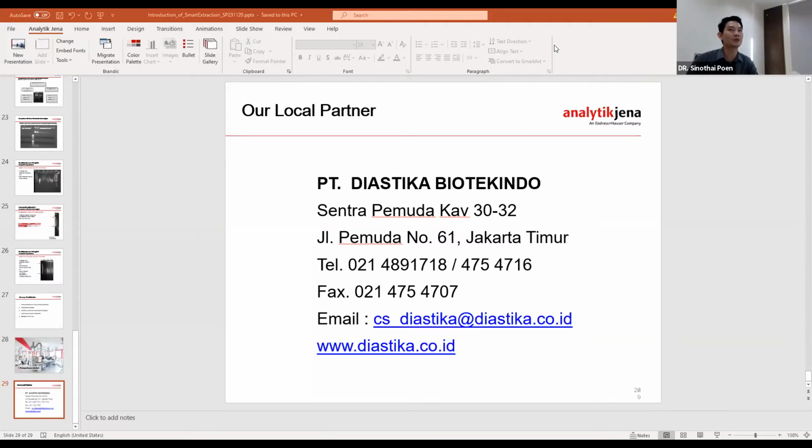But we have a solution for extraction of virus RNA for COVID-19 testing with automated extraction. It takes about 90 minutes for the extraction of up to 96 samples in parallel.